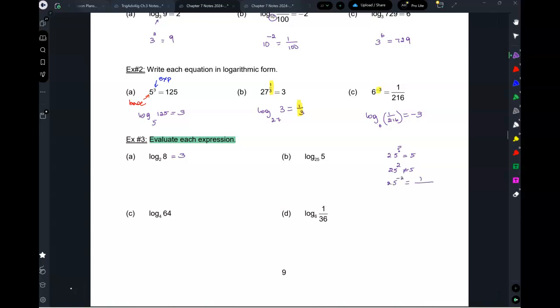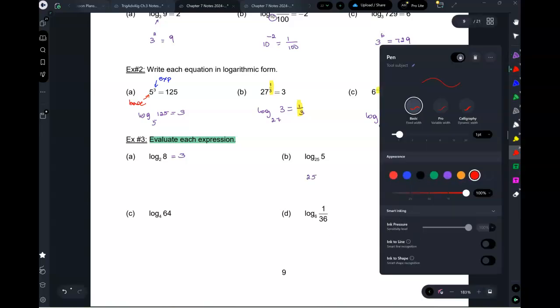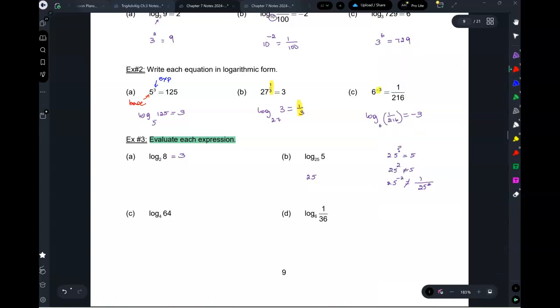But a negative makes it a fraction, so that's not it either. Well, what should we do to 25 to get a 5? We can take a square root. So that's 1 over 2. 25 to the 1 over 2 is equal to 5. That means the exponent that we're looking for is a half.